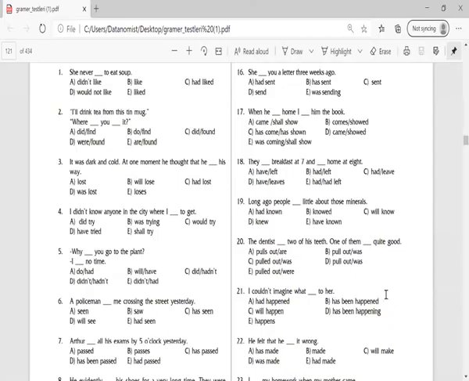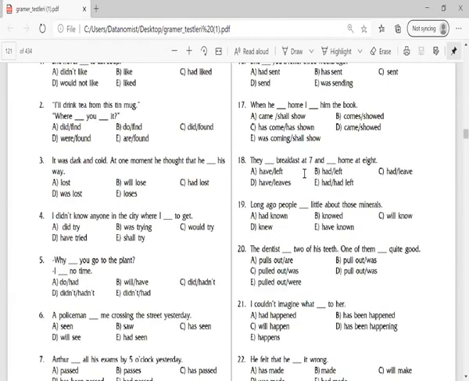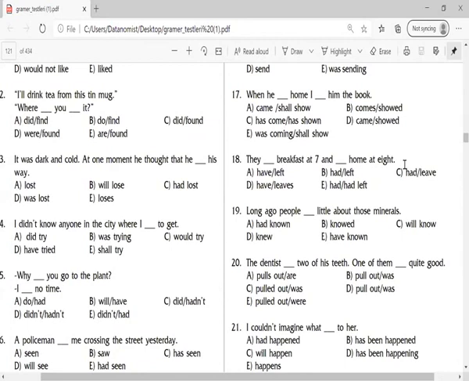Okay, now see this. Which one we are talking about? Yes, this one. They dash breakfast at 7 and dash home at 8.